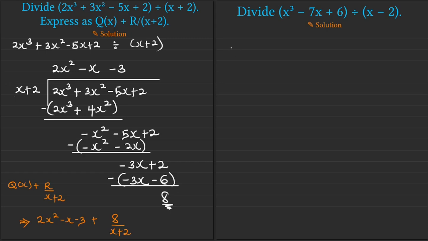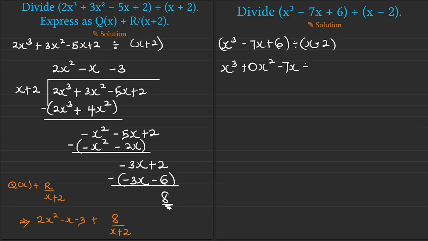That is to say, instead of x cubed minus 7x plus 6 divided by x minus 2, let's rewrite this particular one as x cubed plus 0x squared minus 7x plus 6, divided by x minus 2.